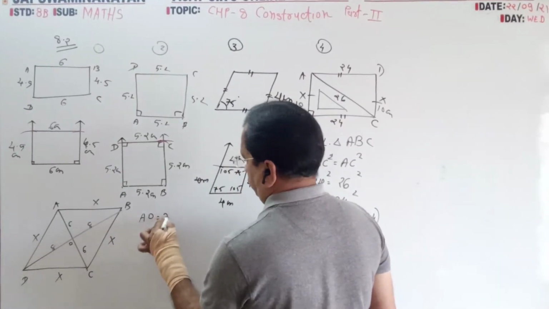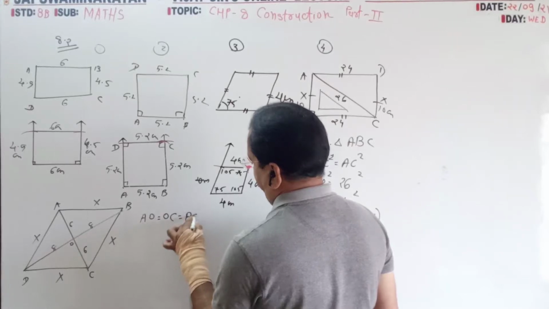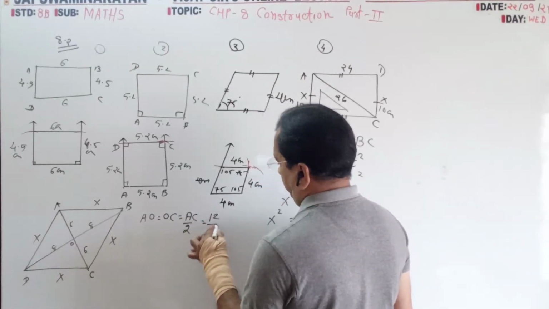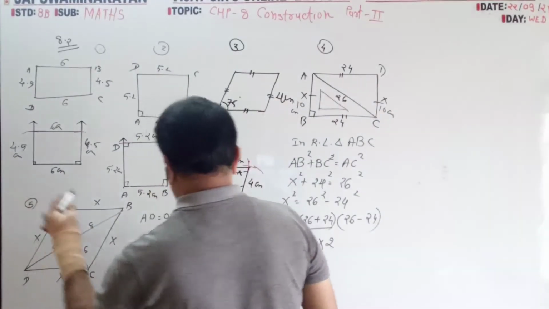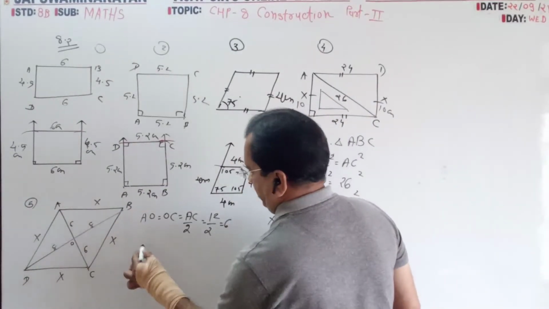AO is equal to OC. It is AC by 2, 12 by 2, it is 6. So exactly DO is equal to OB.